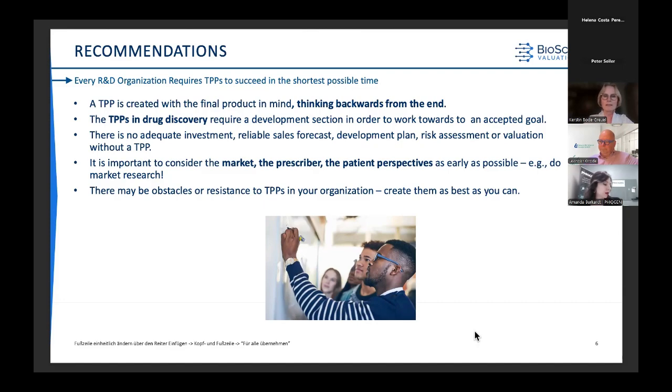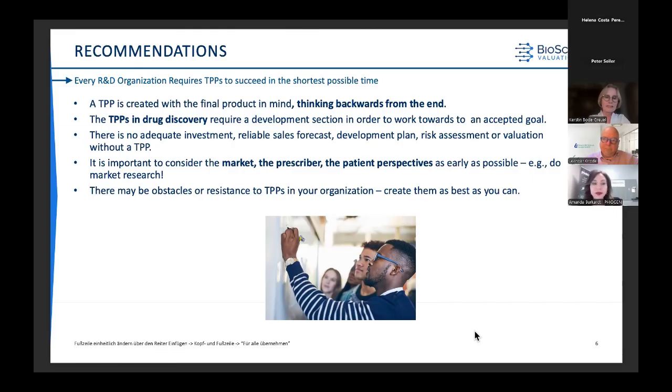Amanda has mentioned already very extensively that it's very important to get the viewpoint of patients, prescribers, and the market in general on whether or not certain aspects of the product need to be considered in more depth.